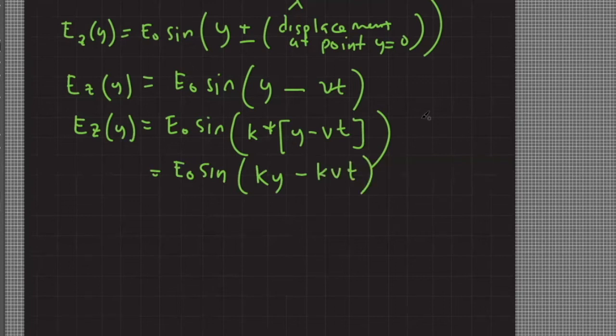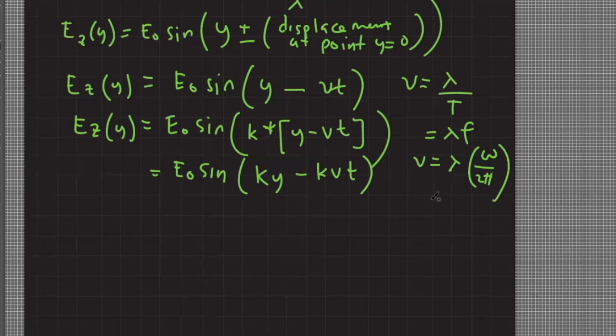kvt. However, note that velocity of a wave is equal to wavelength over period, which is also equal to lambda times frequency. Because the reciprocal of period is frequency, I can plug in our expression for angular frequency. So v equals lambda times omega over 2 pi.